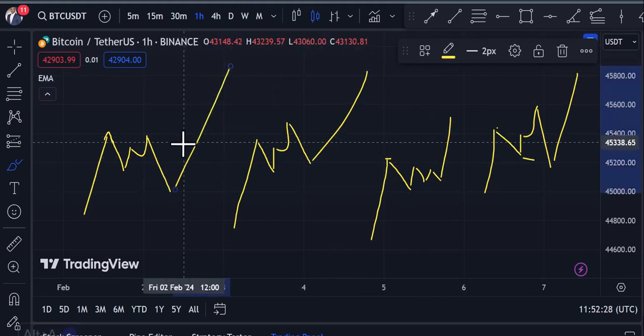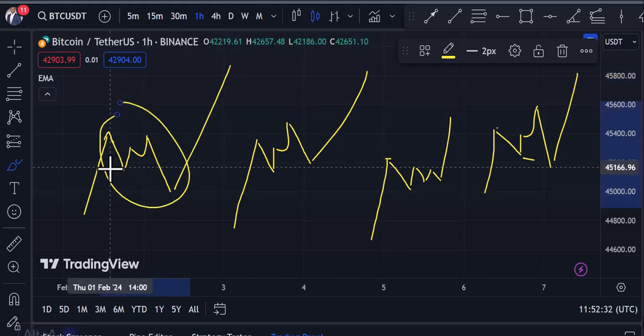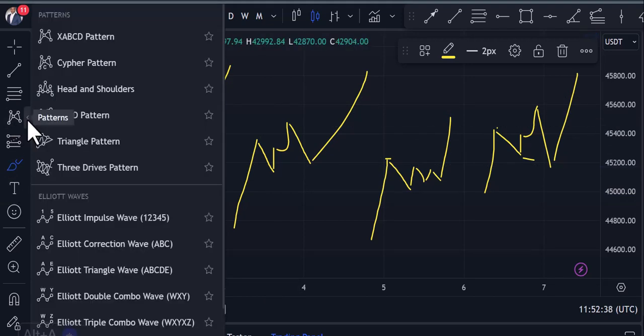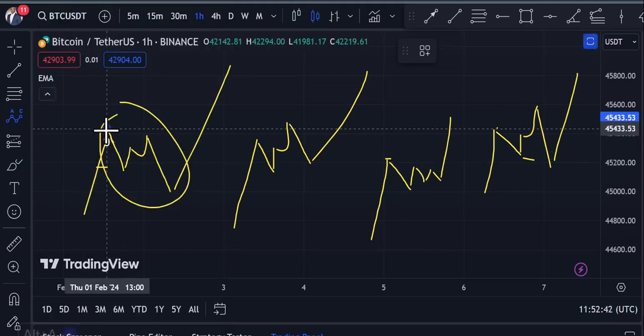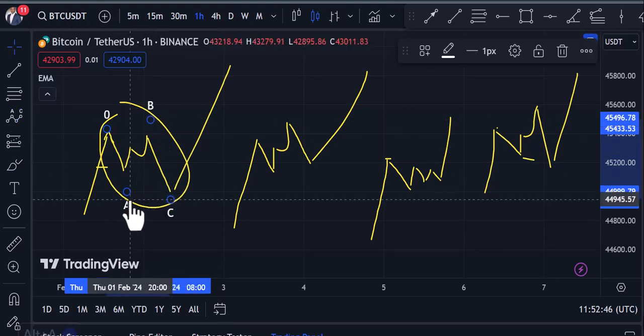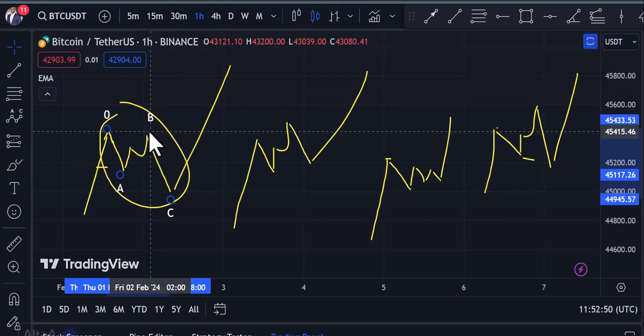So you can see now, this is what they call A, B, C. Let me use this Elliott wave label ABC here. You can see this is what they call A, B, C. Okay, this is what they call ABC, and that is how you recognize them.